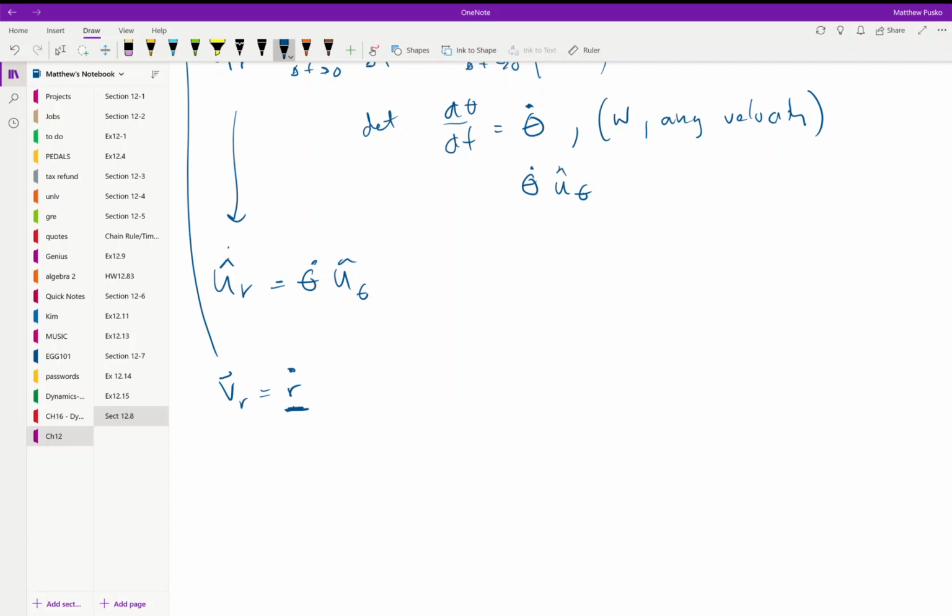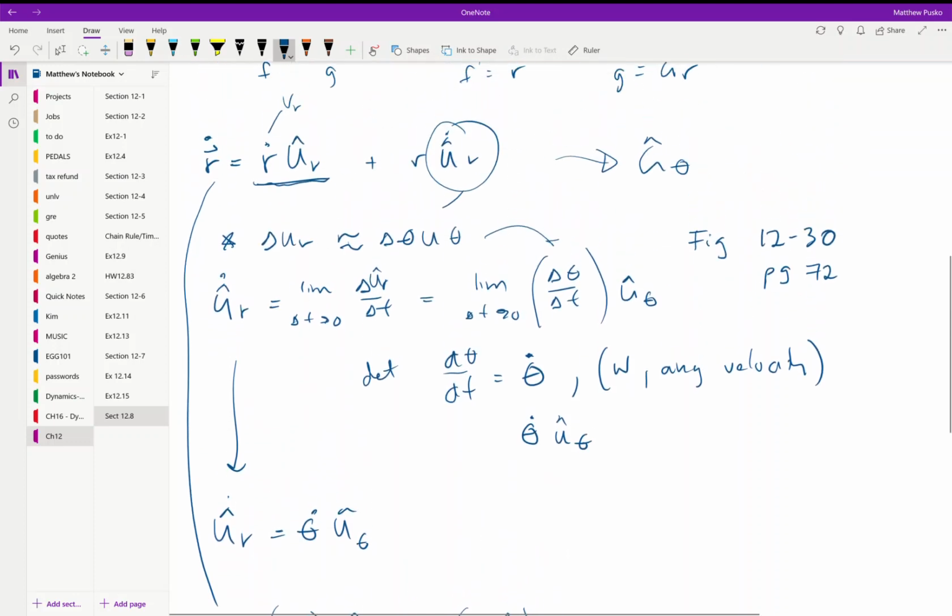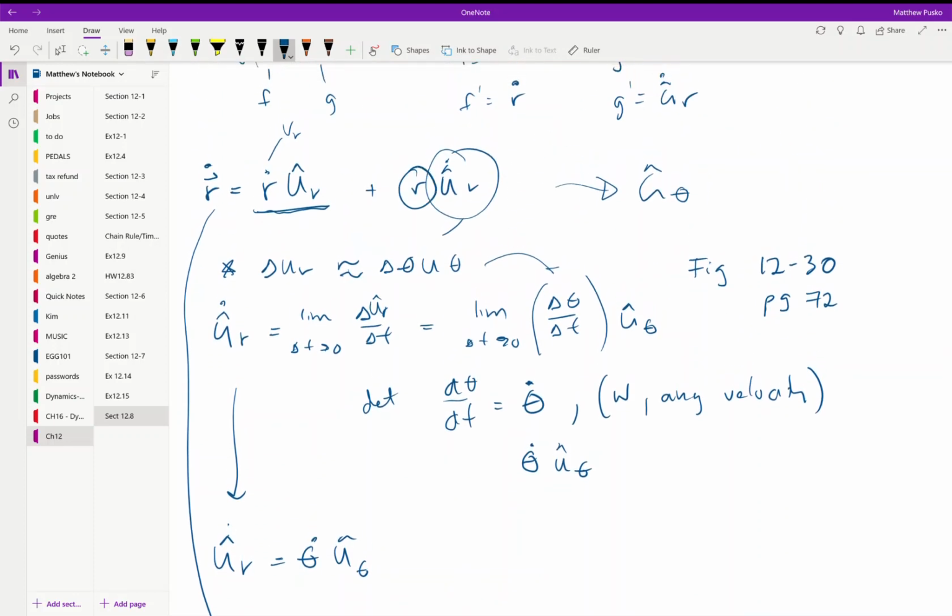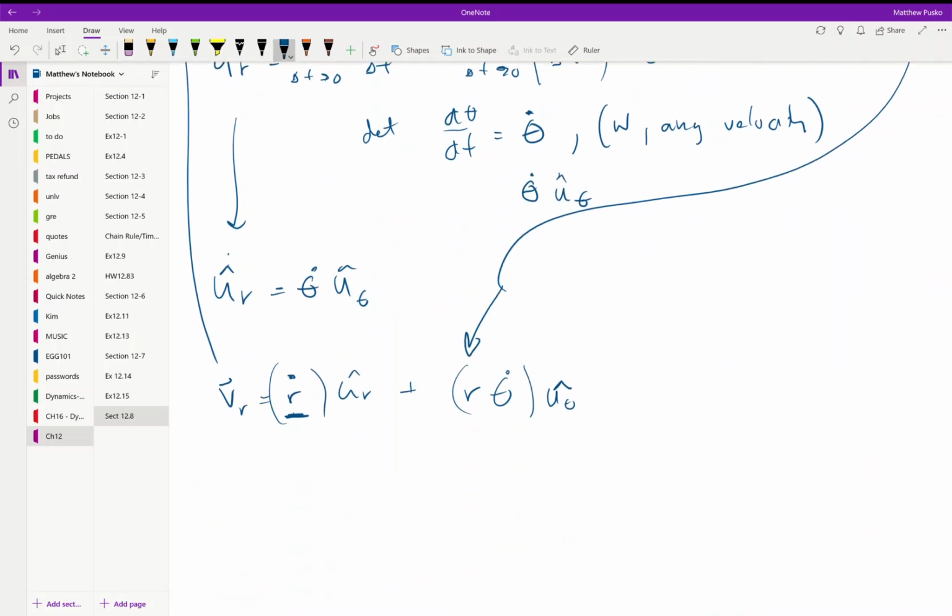So we have some r dot in the unit r direction plus some r theta dot in the unit theta direction. The r came from here, if you're wondering. The theta in the unit theta direction came from right there.